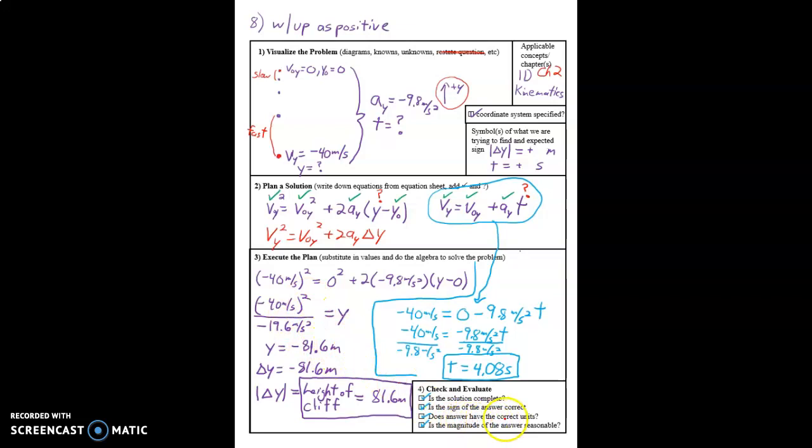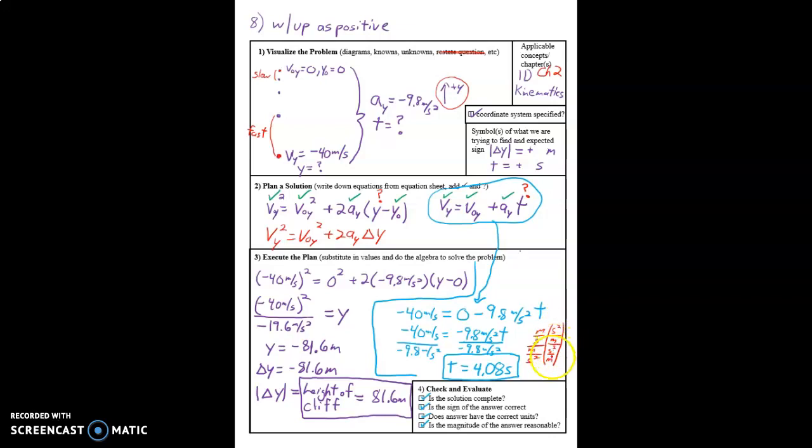And are the magnitudes of the answers reasonable? Oh, I forgot to do the units on this one, but this is meters per second squared divided by meters, I'm sorry, those units cancel, of course. But over here, we've got meters per second divided by meters per second squared, and so that's meter per second over meter per second squared, which, if we simplify, we just flip this over, and we do it twice, such that this whole thing here is equal to 1.